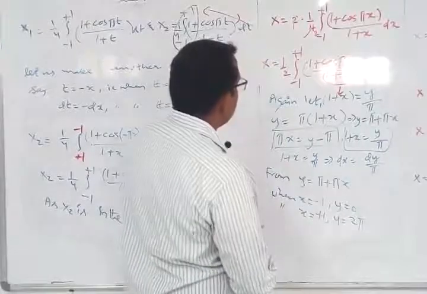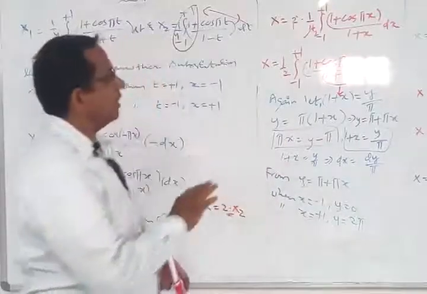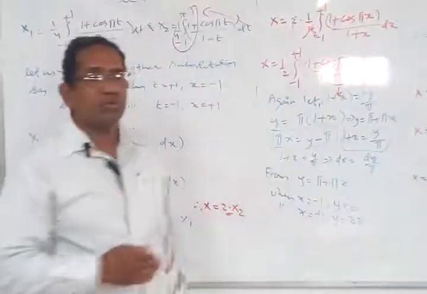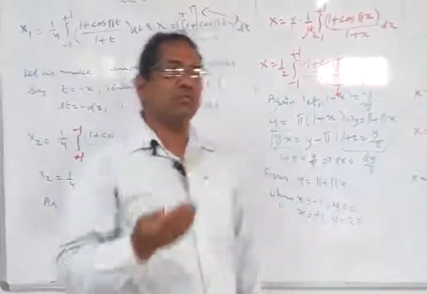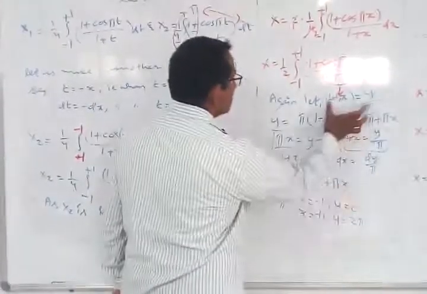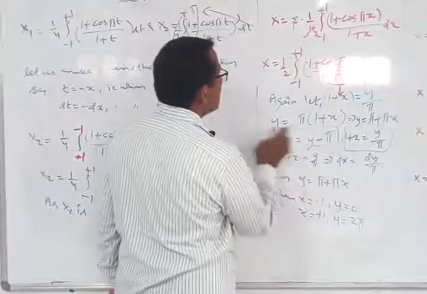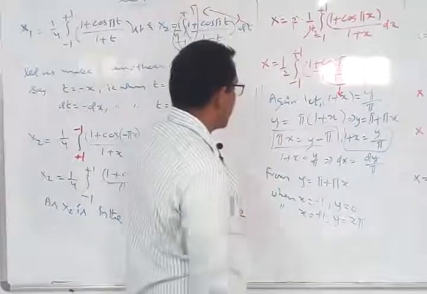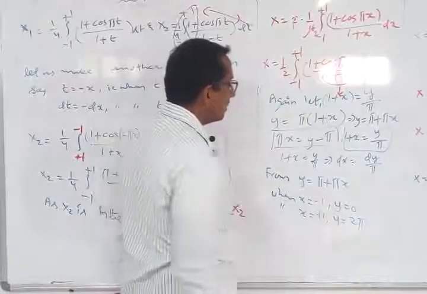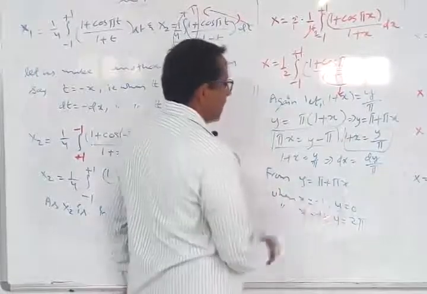So now once again I am changing the variable x to y. Since I am changing the variable x to y, I have to convert the limits from the x variable to the y variable. What is the relation between x and y? This is the relation: y is equal to pi plus pi x. When x is equal to minus 1, what is y? y is equal to 0. How is y equal to 0?